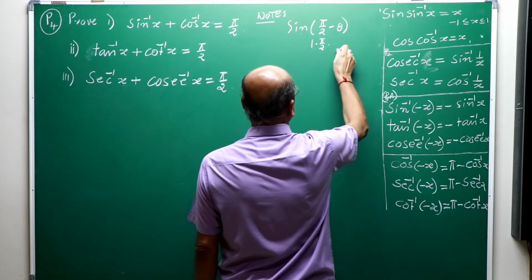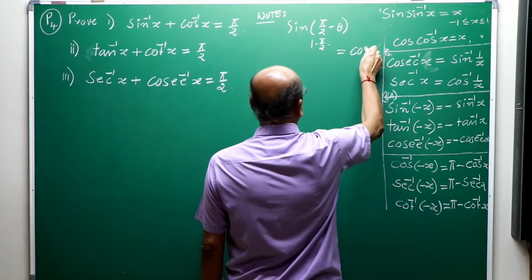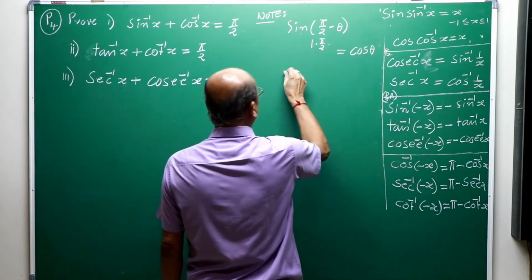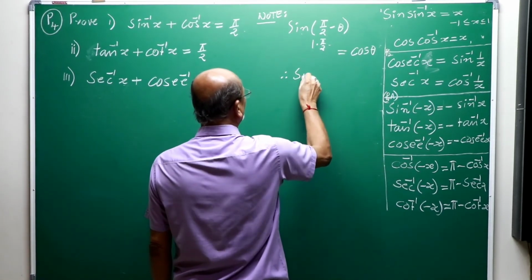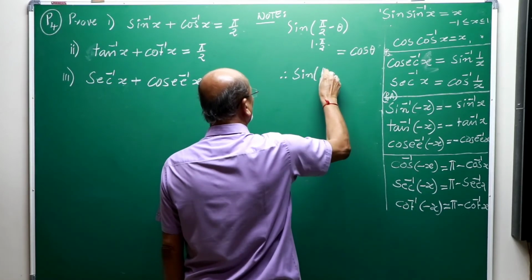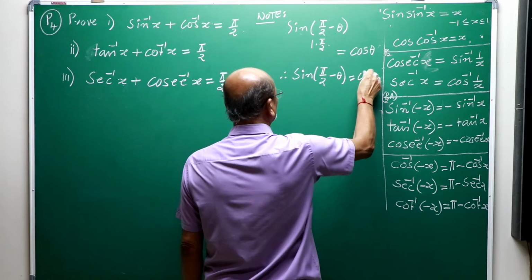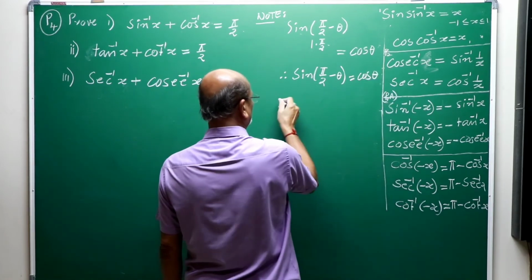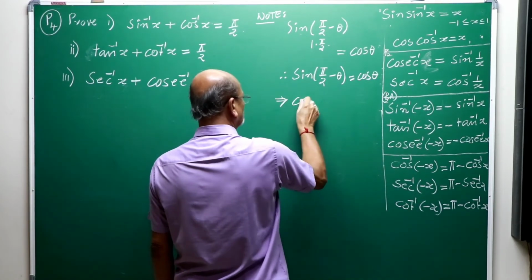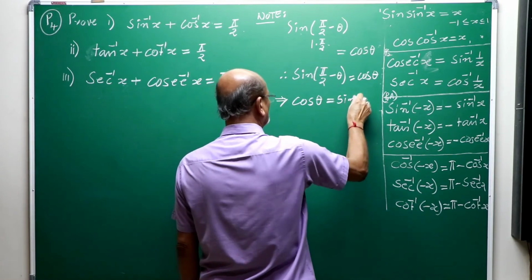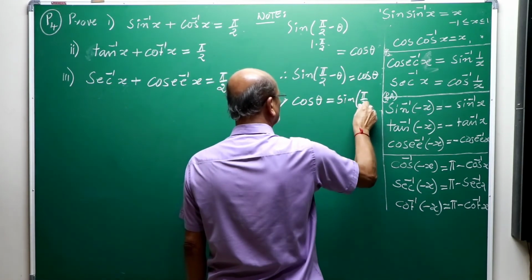Odd means sine changes to cos. Cos of this angle, cos theta. Therefore sine of (π/2 minus theta) is cos theta. I write the same in reverse: cos theta equal to sine of (π/2 minus theta).